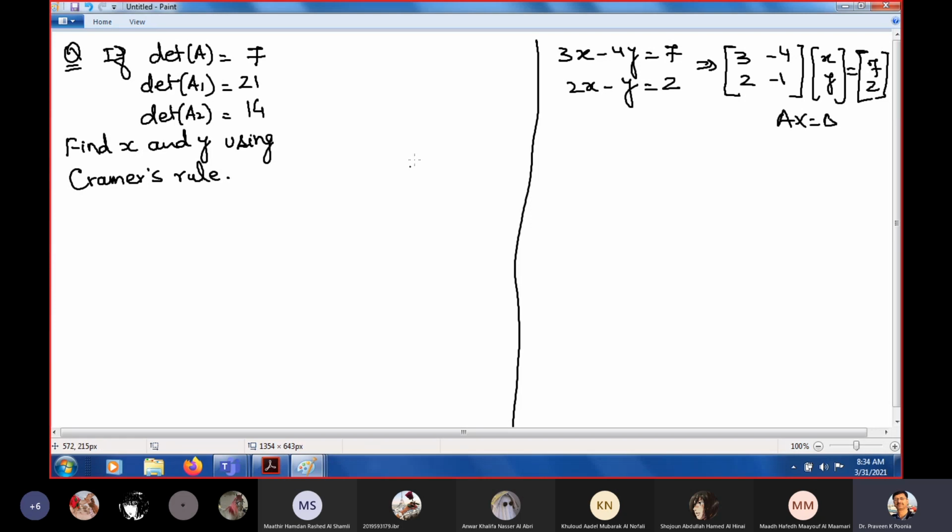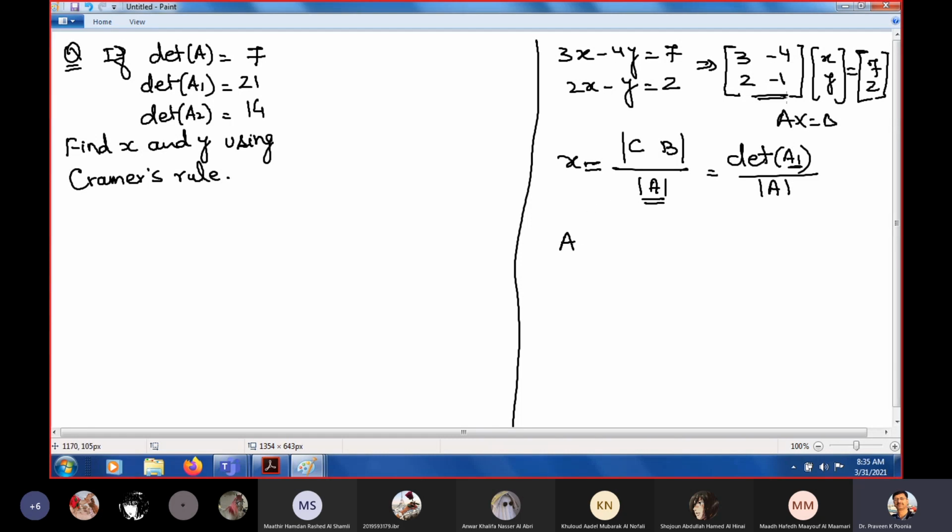Clear? Then there was a formula, x equals, if you remember, determinant of A, and here I write what? This is the determinant of A1. What is A1? What is A?